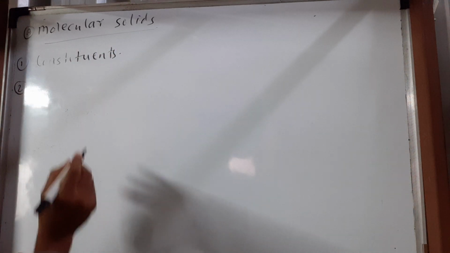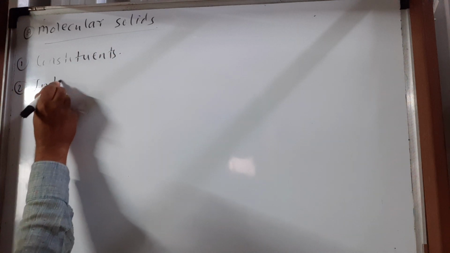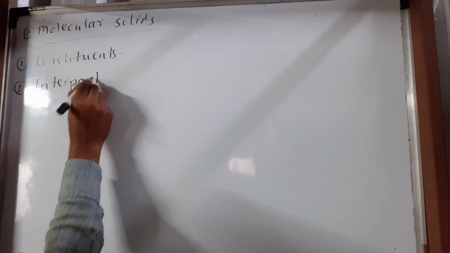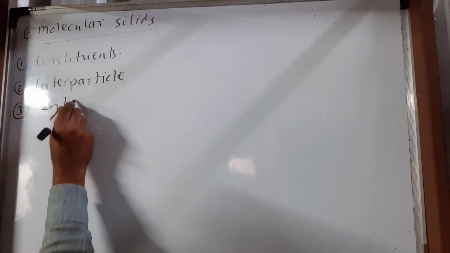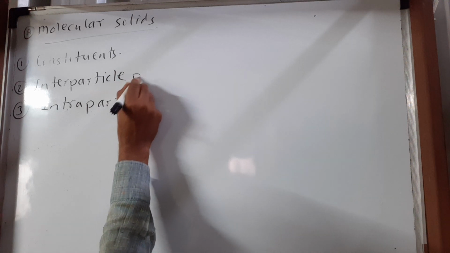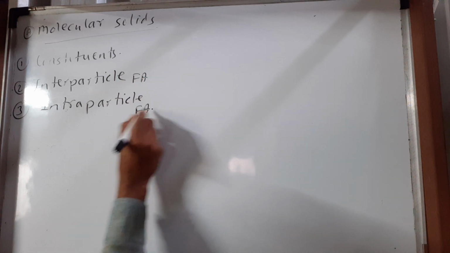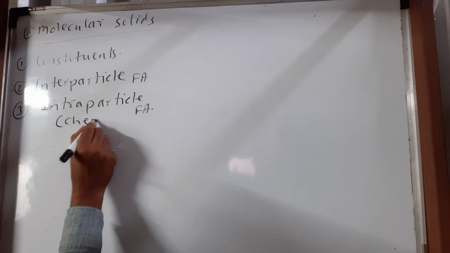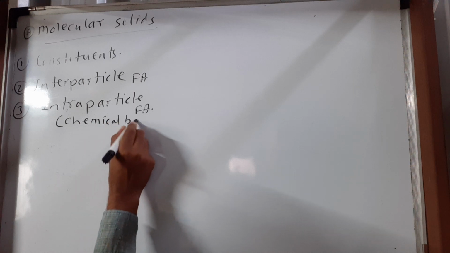Then after the constituents, which interparticle forces of attraction are there. The next one, intraparticle forces of attraction, is nothing but which type of chemical bond is present in these types of solids.